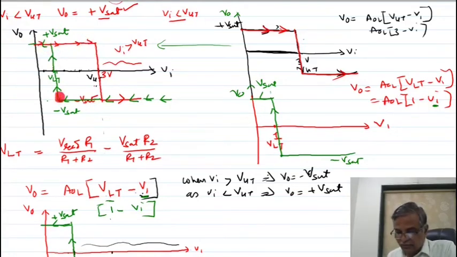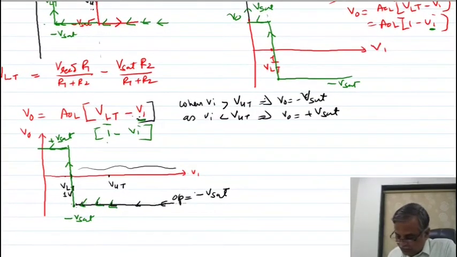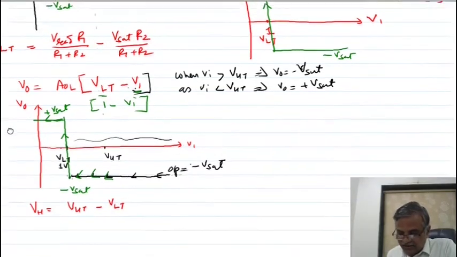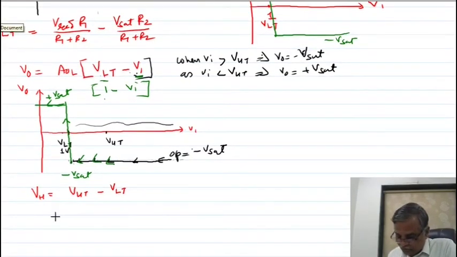So these are the composite transfer characteristics of a Schmitt trigger, and this difference is called the hysteresis voltage or hysteresis width. The difference between the upper threshold voltage and the lower threshold voltage is known as hysteresis.